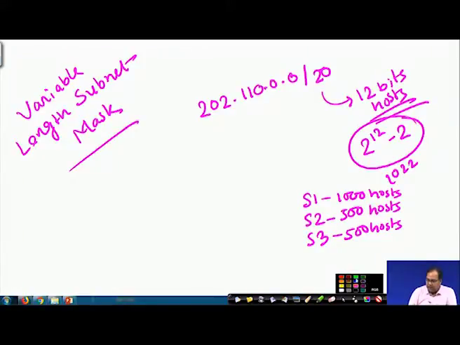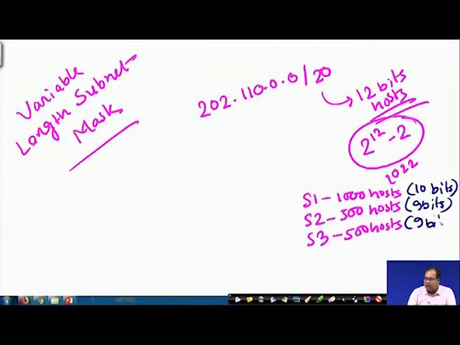Now, if this is the case, then for subnet 1 you require 10 bits, because 2 to the power 10 is equal to 1024. For subnet 2 you require 9 bits, and for subnet 3 you again require 9 bits.